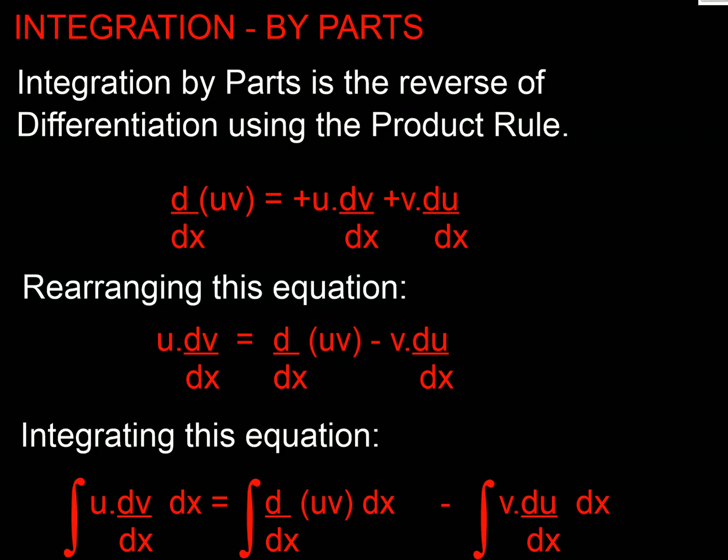Here's our product rule. The differential of uv equals u dv by dx plus v du by dx.